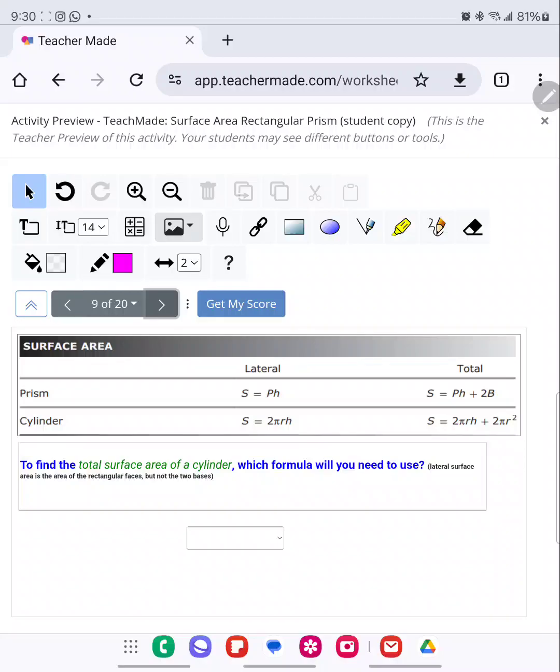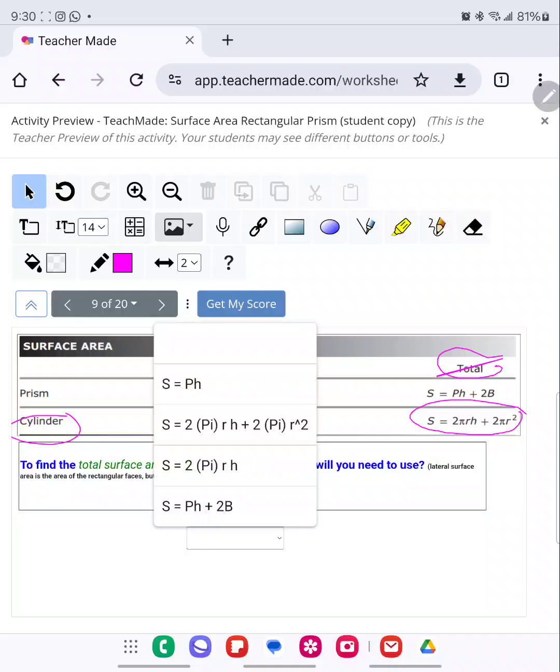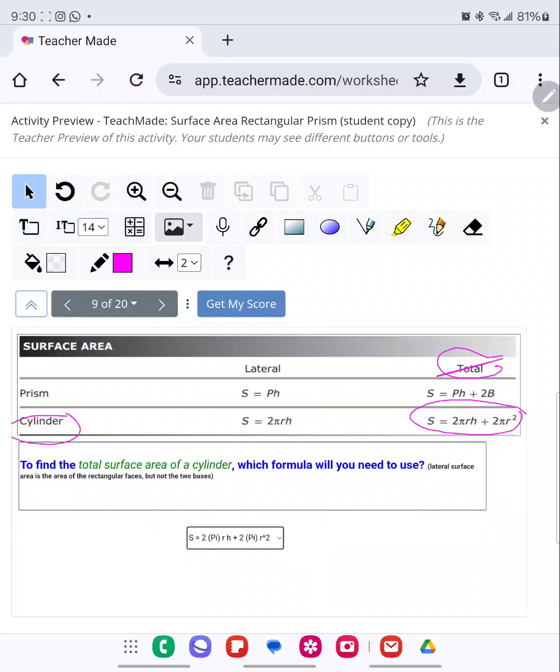To find the total surface area of a cylinder, which formula will you need to use? Total cylinder. So we're going to use this formula right here. And that's going to be your biggest, longest formula. So this is the answer that we're going to put.